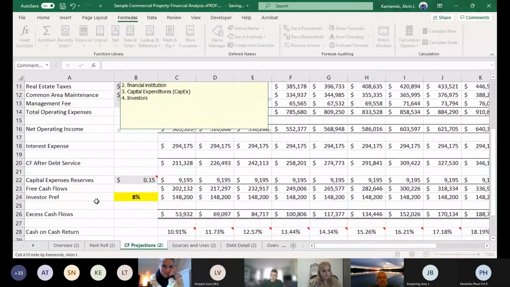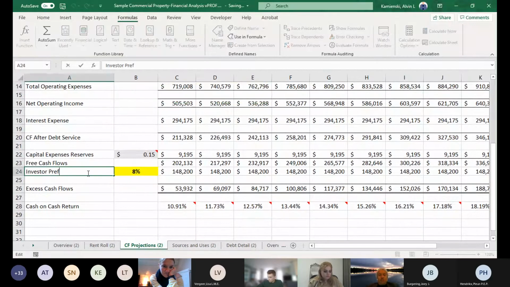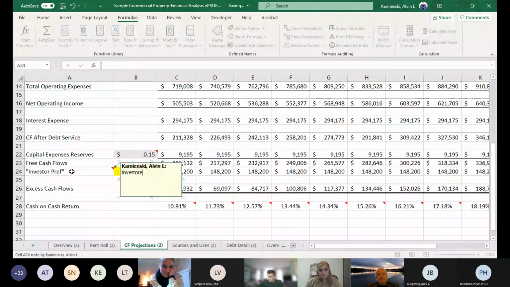And then finally, when I have money left over, called free cash flows, this is what we call the investor pref. But the term would just be the investor's preferred dividend payment.